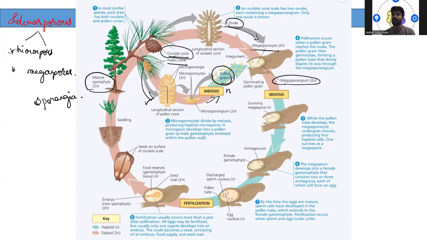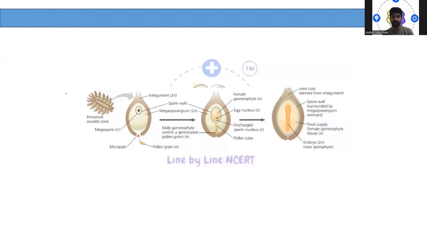And the pollen grain, then what happens? It starts germinating, forming a pollen tube here. Can you see? For example, a pollen grain has come here. There is a micropyle region, a small opening, and you have the megaspore here. This is the megasporangium, and inside this megasporangium you have the megaspore. Pollen grains reach the megasporangium through the micropyle region, and immediately the pollen tube starts germinating.